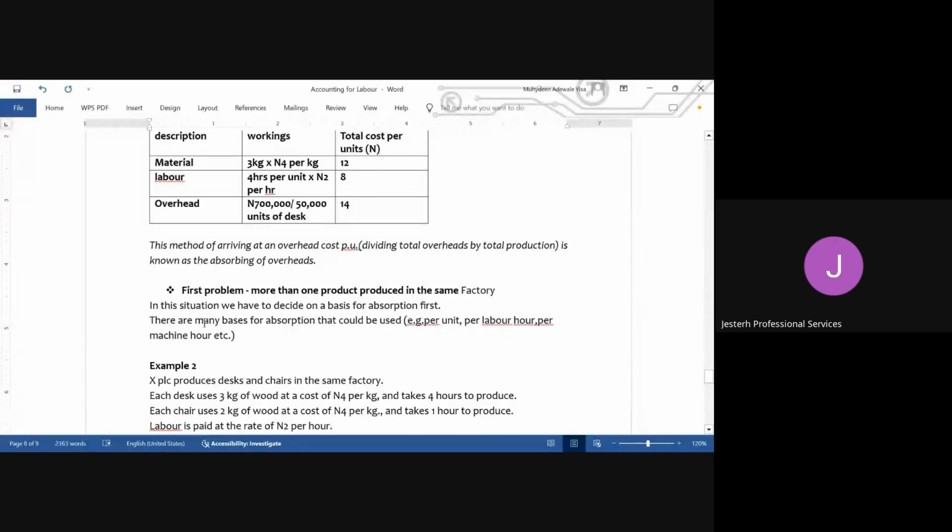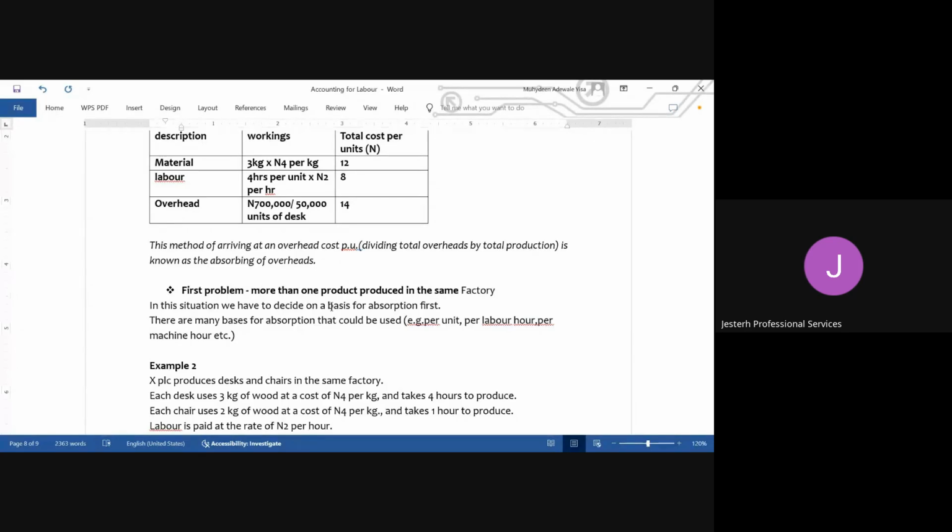This one, I said, what if we have more than one product to produce in the same factory? It's not just one product I want to produce in a factory. So in this situation, we have to decide on a basis of assumption. What we mean by basis of apportionment is how an organization determines to absorb that overhead.